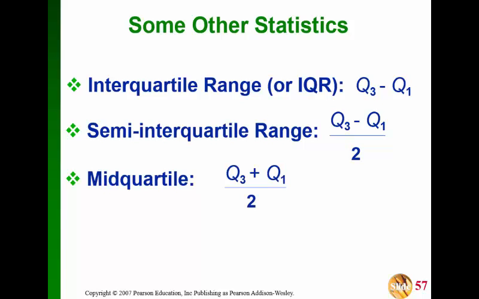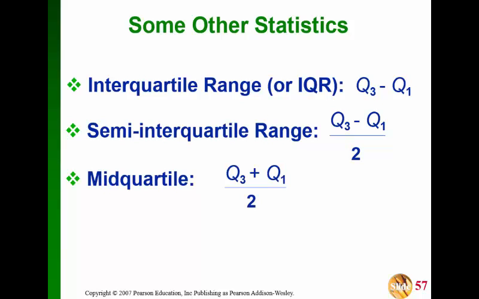The semi-interquartile range is kind of like the difference divided by 2. It takes a look at the length of the quartile and cuts it in half. That's used even less, and the mid-quartile is used even less than the IQR.